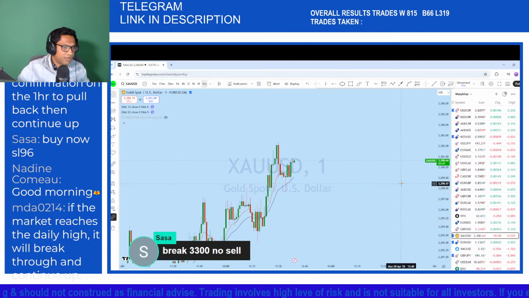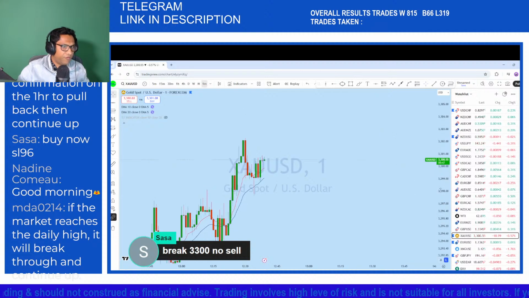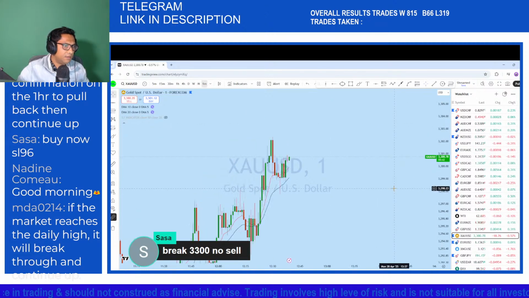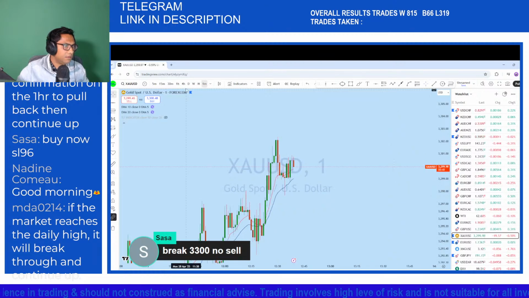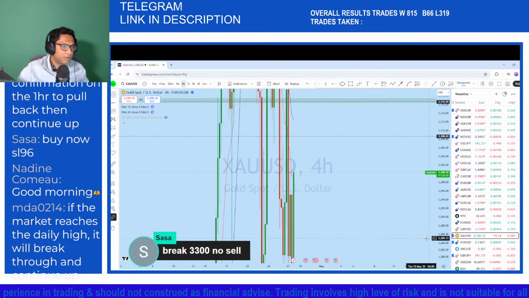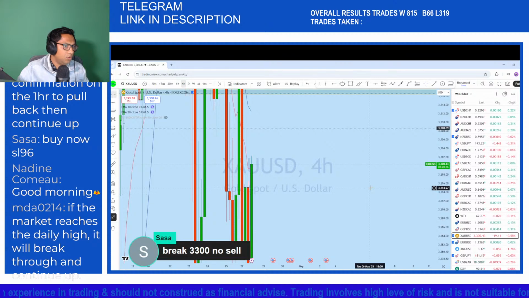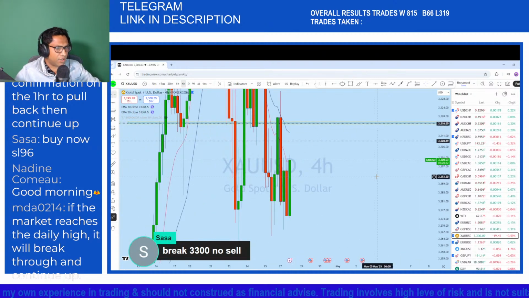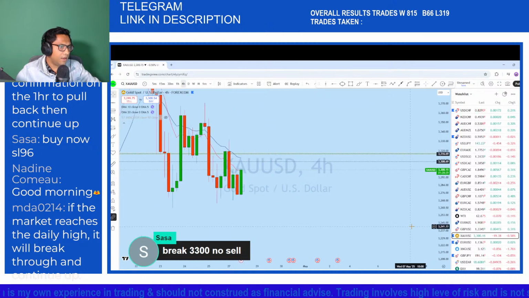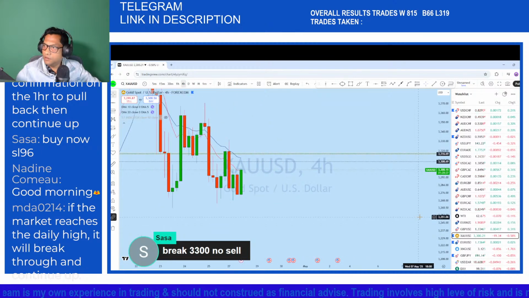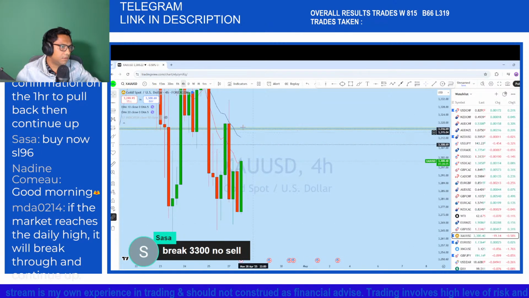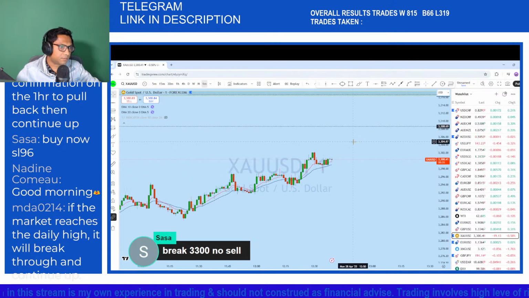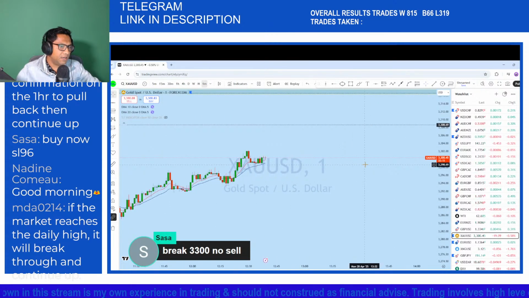So with that price action formation in this area, as the 4-hour chart here is heading back to the upside.